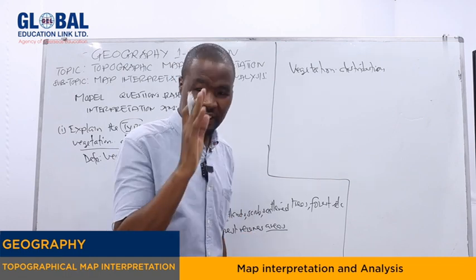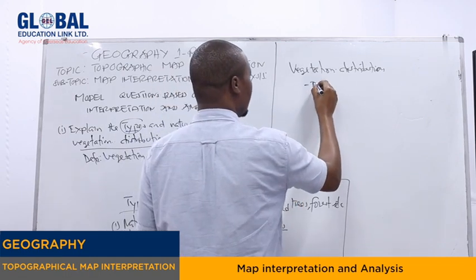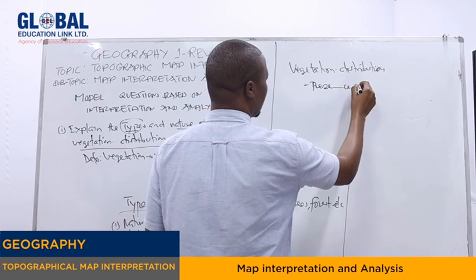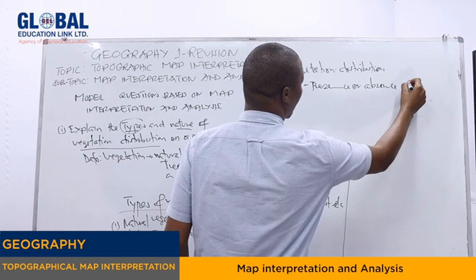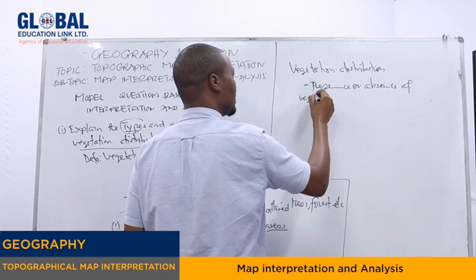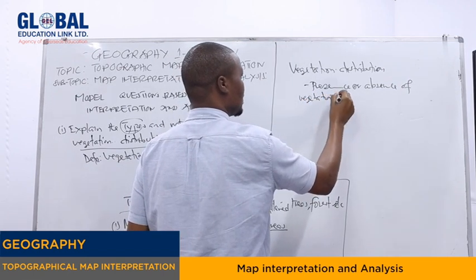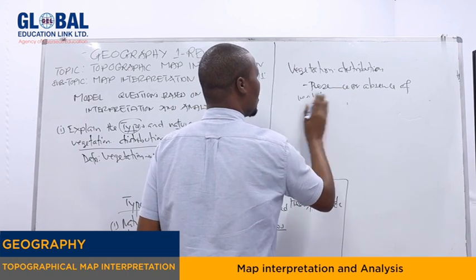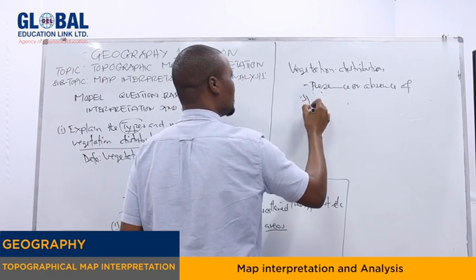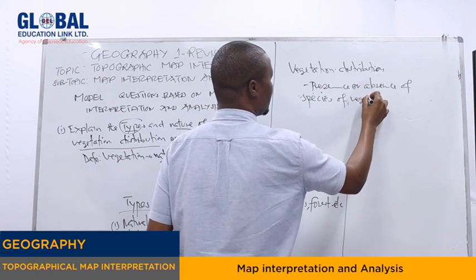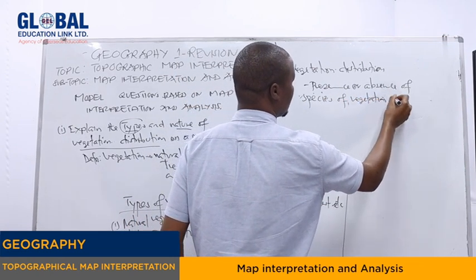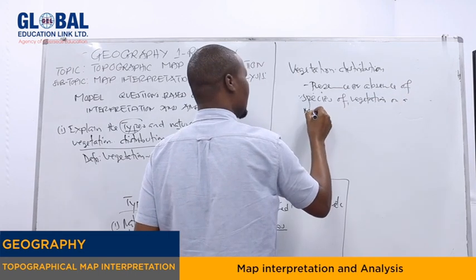The presence or the absence. It means we are talking of the presence or absence of vegetation species on a mapped area.